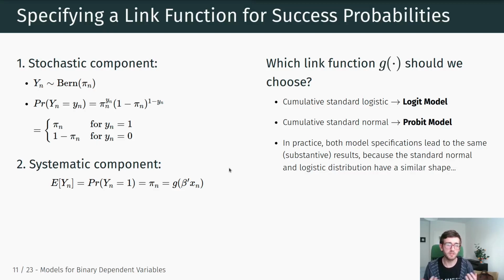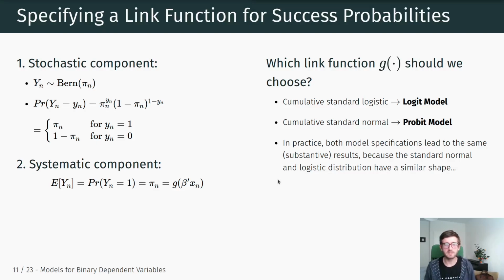Okay, so both models give you the same results. The coefficients just look slightly different because we use a different link function. As I mentioned, in practice, both model specifications, Logit and Probit, lead to the same substantive results. We can compute the same quantities of interest, the same underlying probabilities, and so on, based on the Logit model as well as the Probit model.